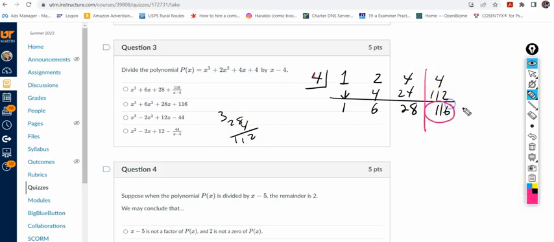So this is my remainder, and this is my quotient, the coefficients for my quotient.